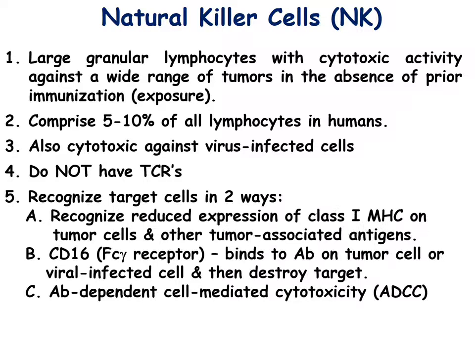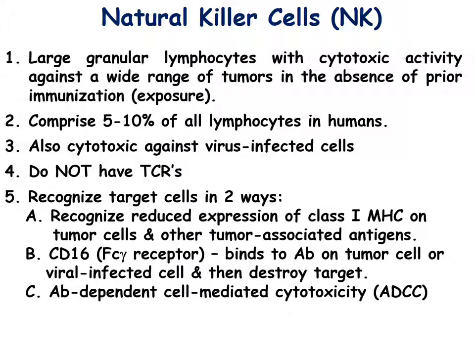So how do they recognize that a tumor cell or an infected cell is somehow abnormal if they're not recognizing a specific antigen on class 1? Well, one of the things they do is actually recognize reduced expression of class 1 on tumor cells and other tumor-associated antigens, and on viruses too. Some viruses decrease class 1 expression, so cytotoxic cells aren't activated, but we've got NK cells that recognize this.